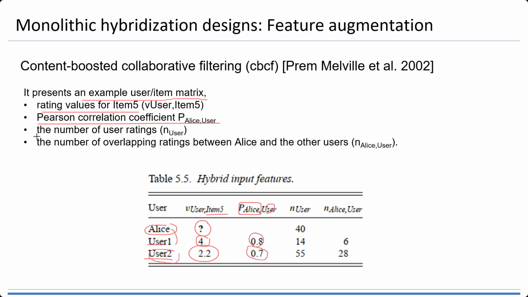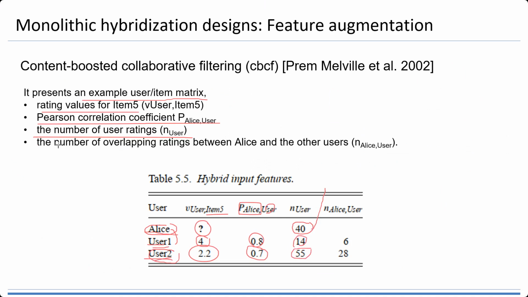And then we also want to check the number of user ratings, the number of items each user rated. In this case, 40 items have been rated by Alice, 14 items by user 1, and 55 items by user 2.